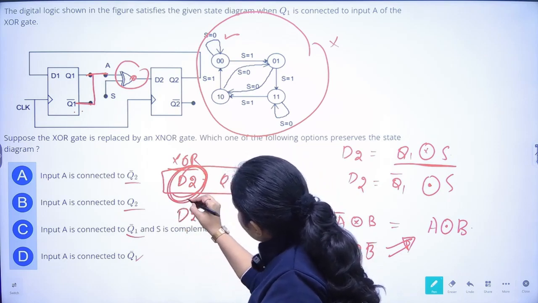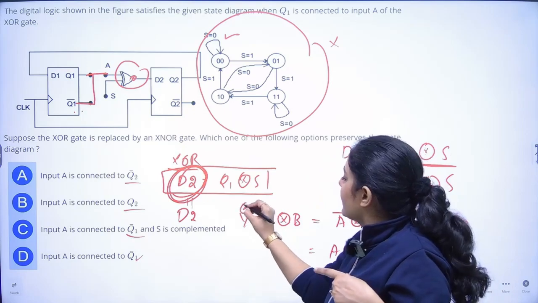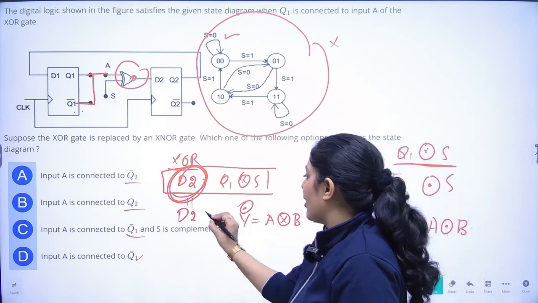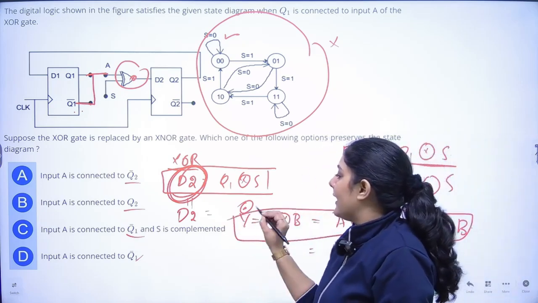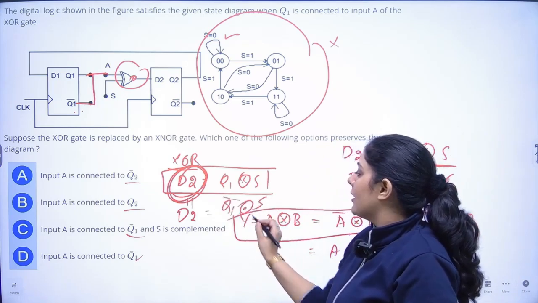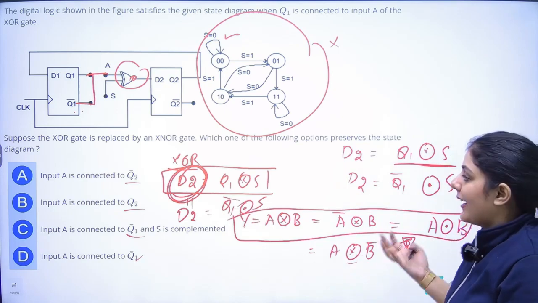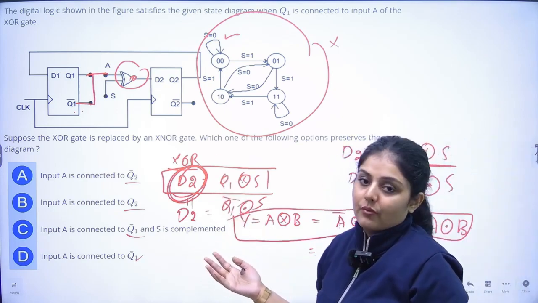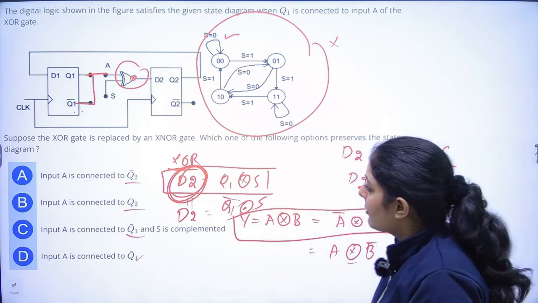D2 here should be the same as D2 previously, but I have replaced the gate from XOR to XNOR. So from this identity of conversion, if I take Q1 bar and take XNOR as the gate, I get the same value of D2 as we were getting before when the gates were not interchanged.